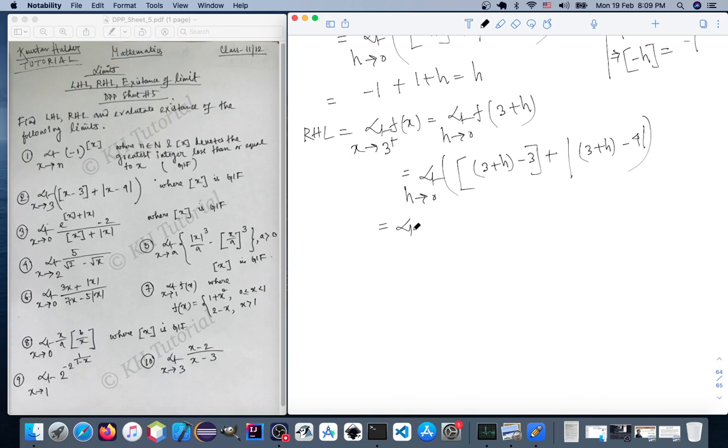This is limit h tends to 0 of box of h plus mod of (h minus 1).